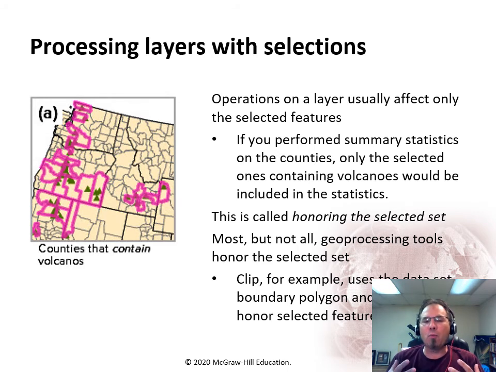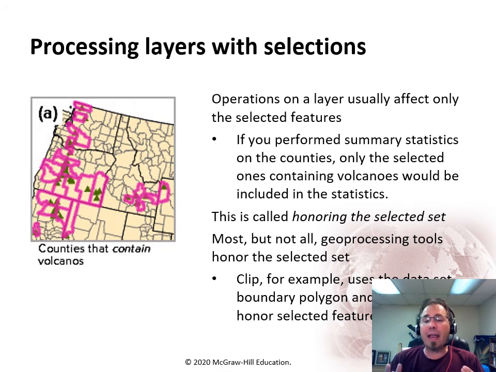Now, like I said, almost all tools do this, which makes life really easy, other than the fact that if you forget to clear your selection and run a tool, sometimes things can get weird, but that's a whole other story. I always call this one of those cardinal rules of GIS. You have to understand that once you have anything selected, any tool that you run, except for the clip tool that you can see at the bottom of the screen, will only be done to those selected features.